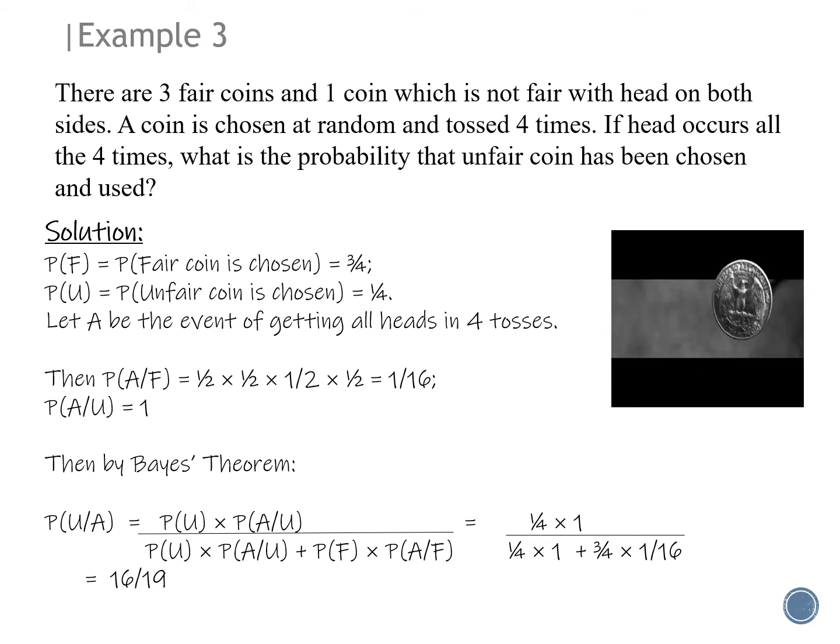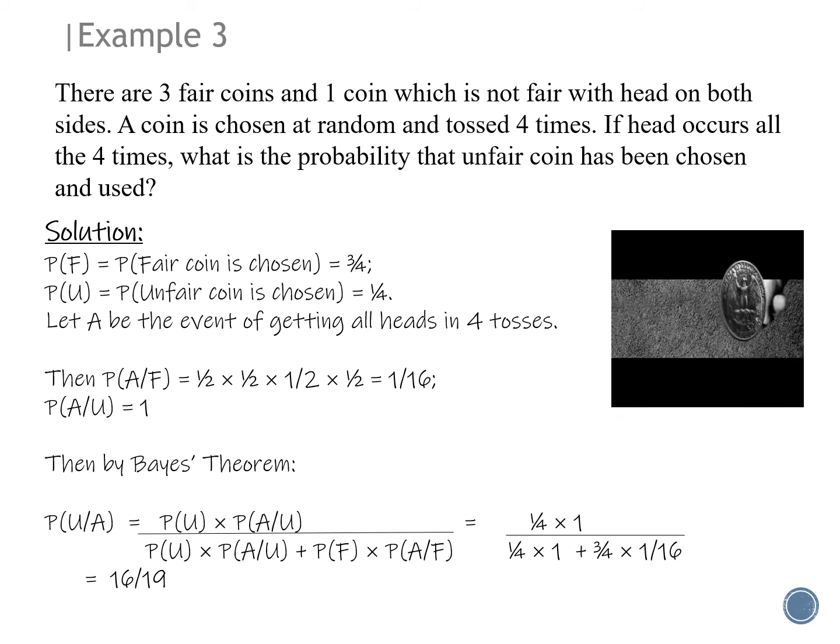So, probability of F equals 3C1 divided by 4C1, that is 3 by 4. Now we find probability of U, that is, out of 4 coins, we have to choose 1 unfair coin. That can be done in 1C1 by 4C1. That is, probability of U equals 1 divided by 4.